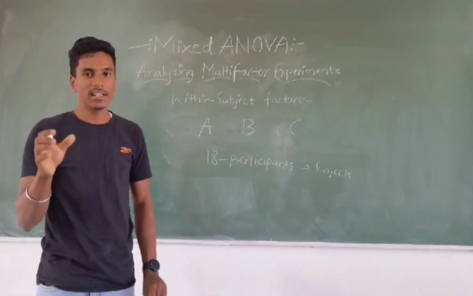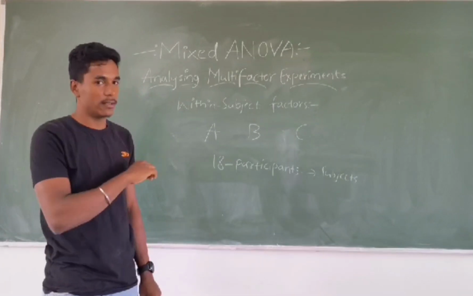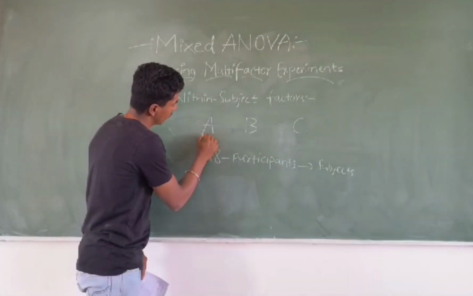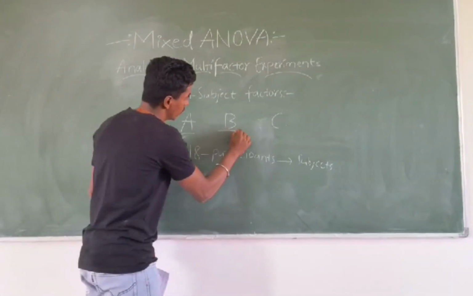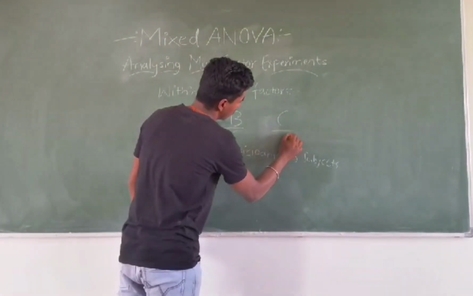So we will randomly assign 6 participants to each of the diets: A will be assigned 6 participants, B will be assigned 6 participants, and C will be assigned 6 participants.